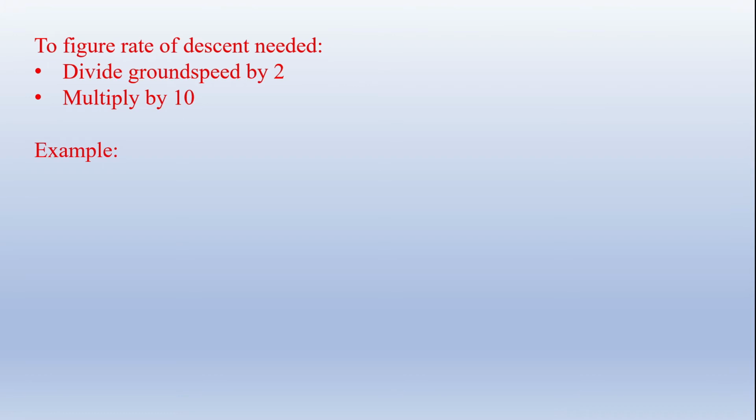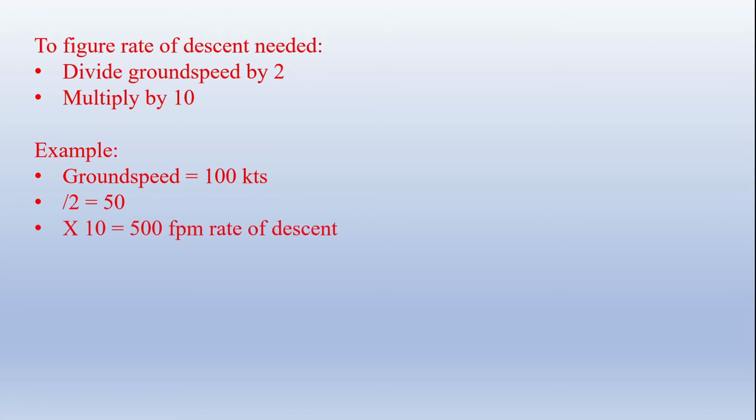So for example, we'll just round up to 100 knots of ground speed in the 152. If you divide that by 2, that's 50, and then multiply that by 10, that means we need about a 500 foot per minute rate of descent to start our descent at 13 miles out and make it to the pattern altitude in Greenville.